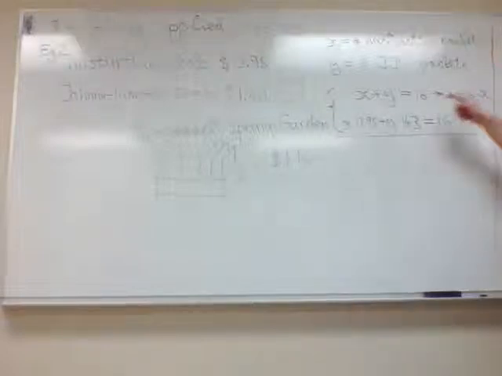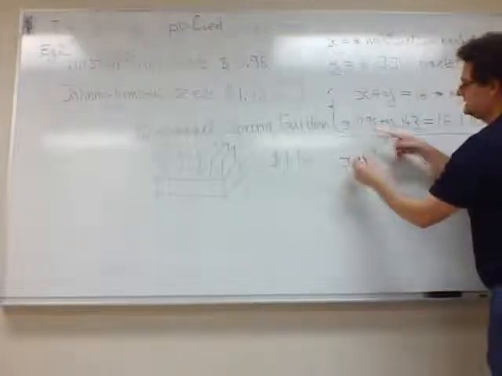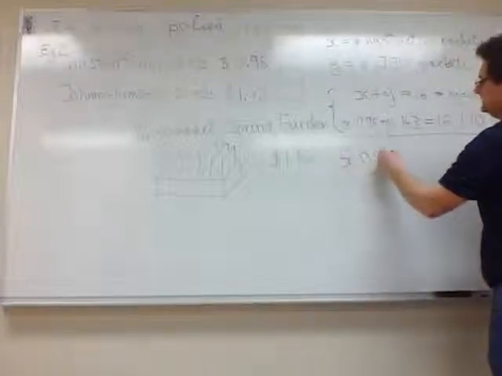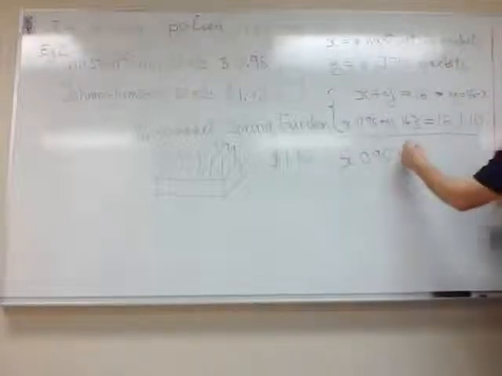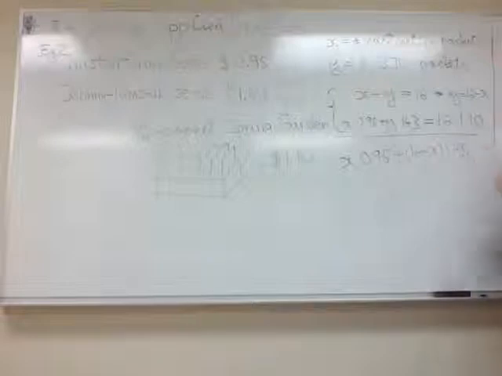Okay, so we plug that in here. So we have x times 0.95 plus, and y is 16 minus x, times 1.43.